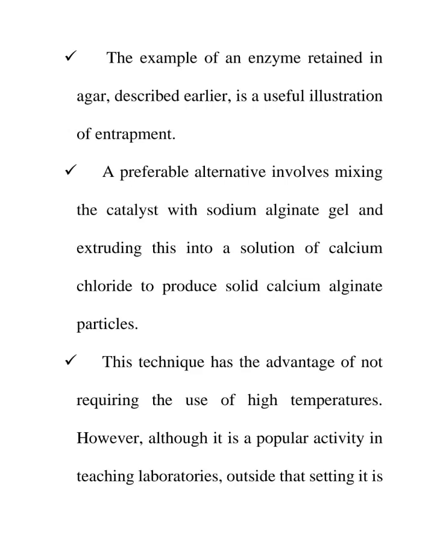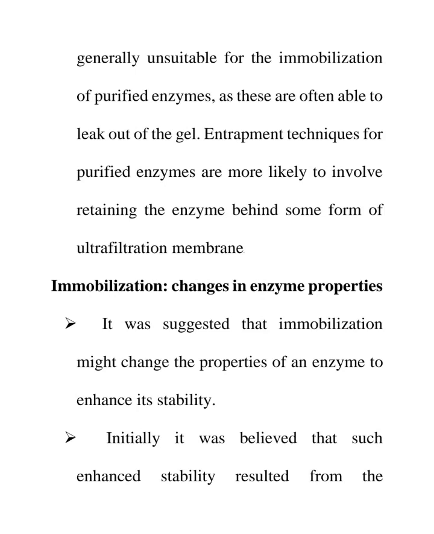However, although it is a popular activity in teaching laboratories, outside that setting it is generally unsuitable for the immobilization of purified enzymes, as these are often able to leak out of the gel. Entrapment techniques for purified enzymes are more likely to involve retaining the enzyme behind some form of ultrafiltration membrane.